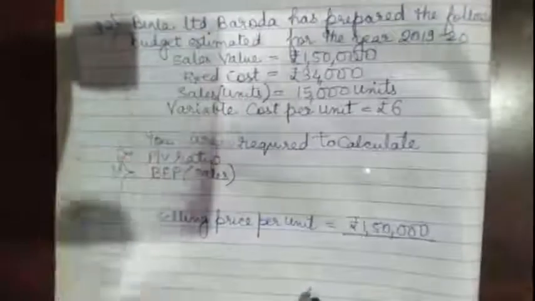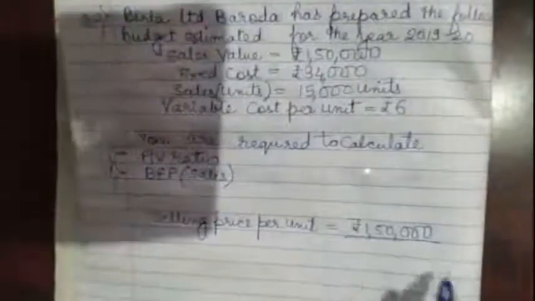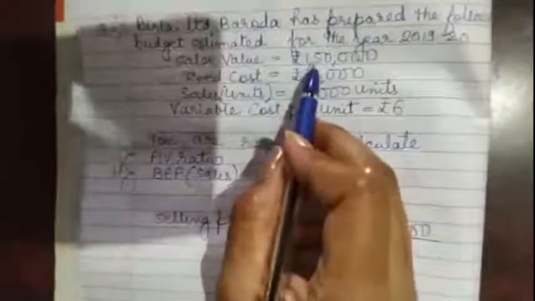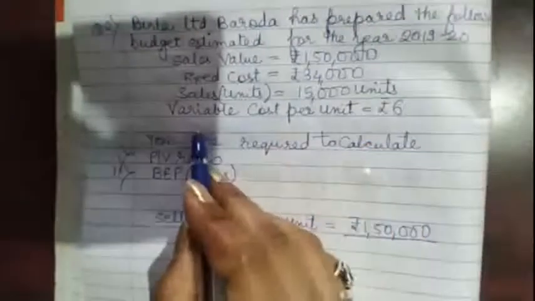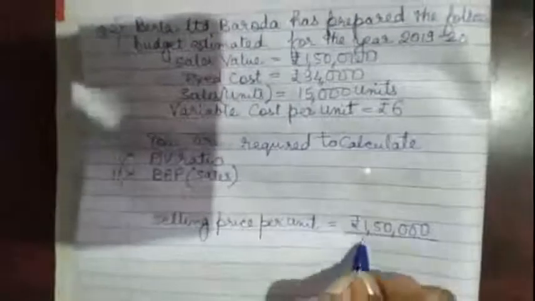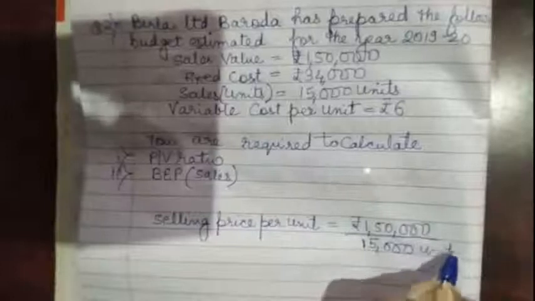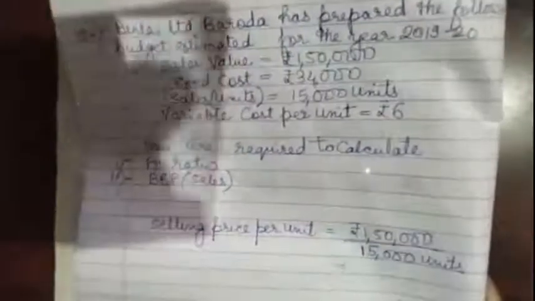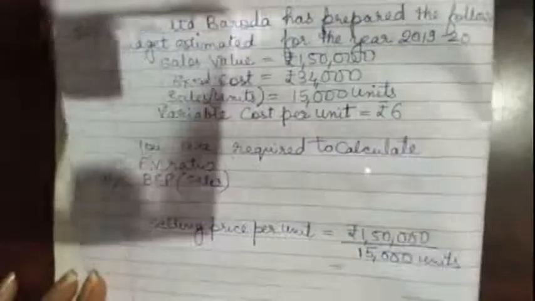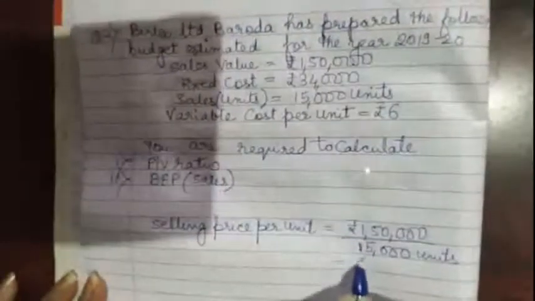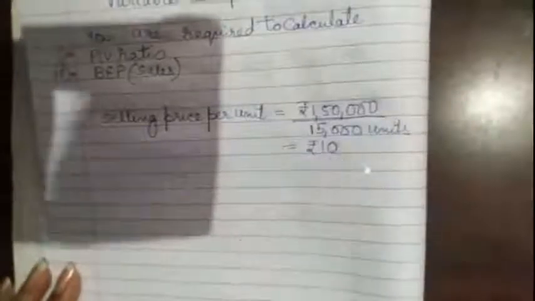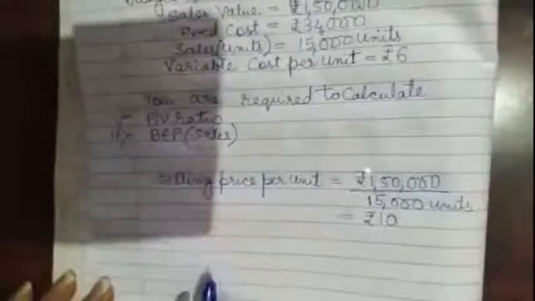Selling price per unit is equal to rupees 1,50,000 total sales divided by sales in units, that is 15,000 units. So selling price per unit is how much? Rupees 10 per unit. Now first of all, what we have to calculate? We have to calculate PV ratio.